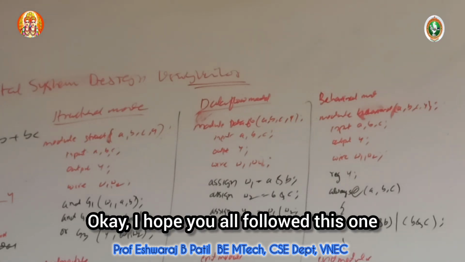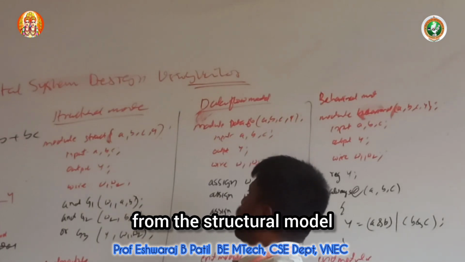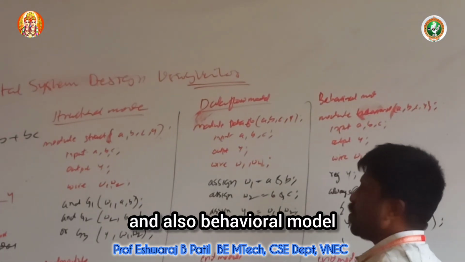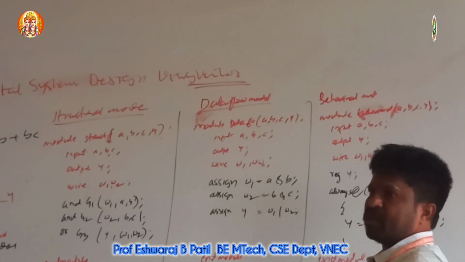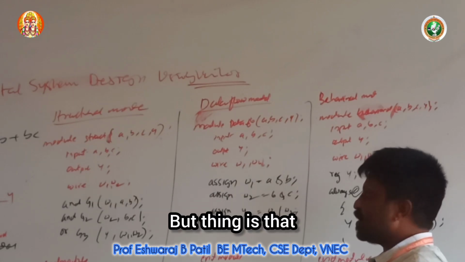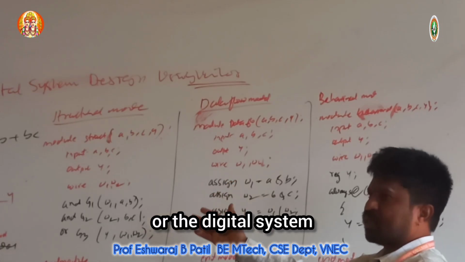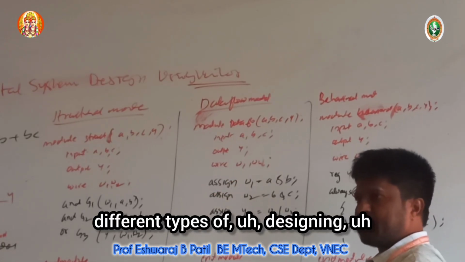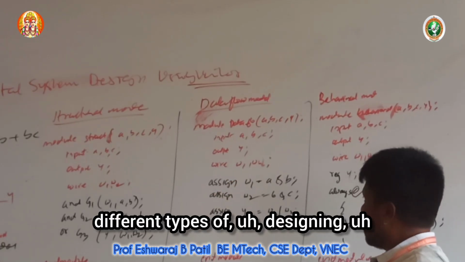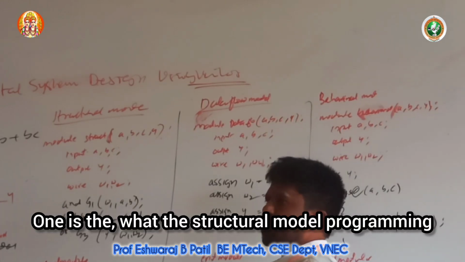I hope you all followed this. The same output we are getting from the structural model, data flow model, and behavioral model. Why are we writing them? Because if the complexity of the digital system changes, I'll go with different types of designing and programming. One is structural model programming.